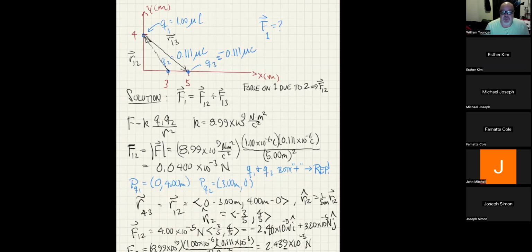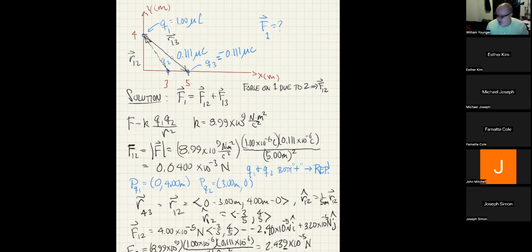But what we could have done is we just could have said, okay, well, I know that the force on 1 due to 3 points up and to the left along the line connecting Q2 and Q1. Well, when I do that, I realize that line is parallel to the 3, 4, 5 triangle hypotenuse.